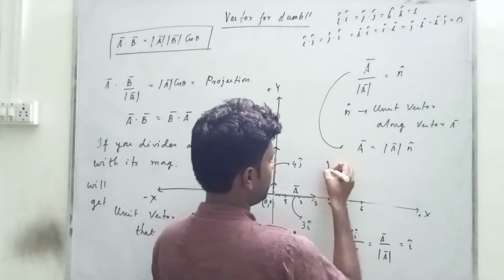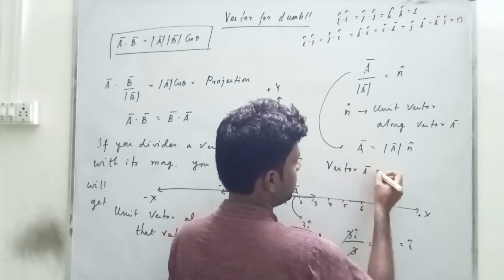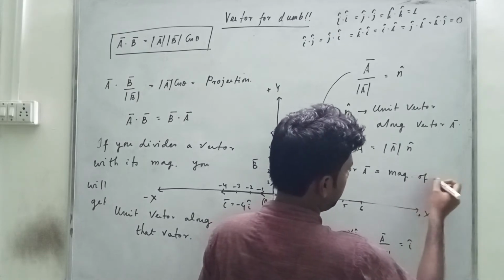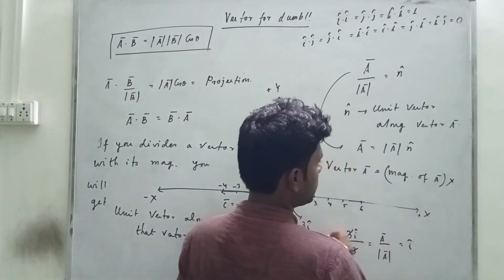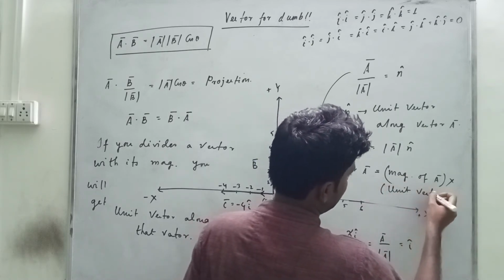So the vector A is actually the magnitude of A times the unit vector along A, right?